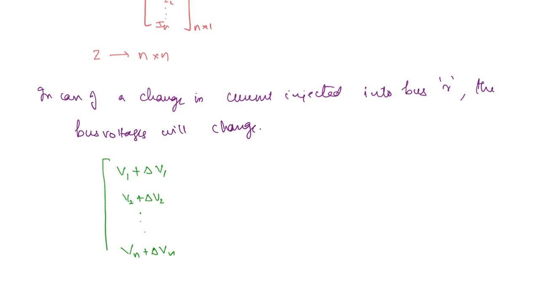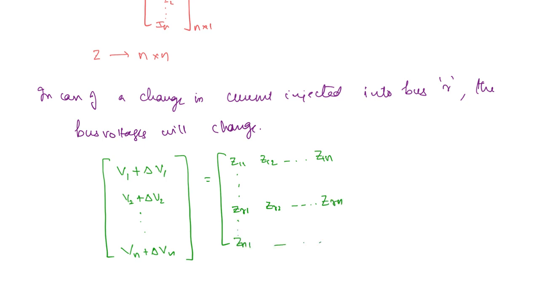This will be the new voltage matrix, and this will be equal to Z11, Z12 and so on till Z1n, and we will take the rth row. What will be the rth row? ZR1, ZR2 and so on till ZRn, and the last row Zn1 to Znn.